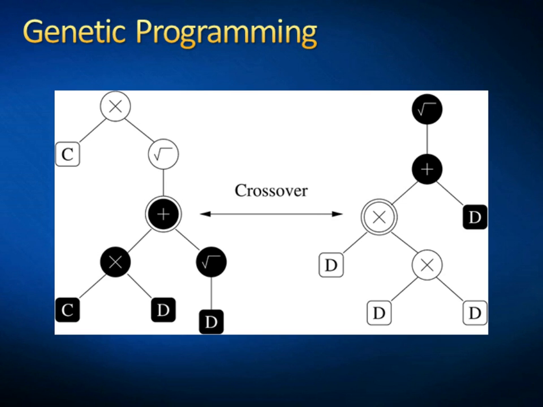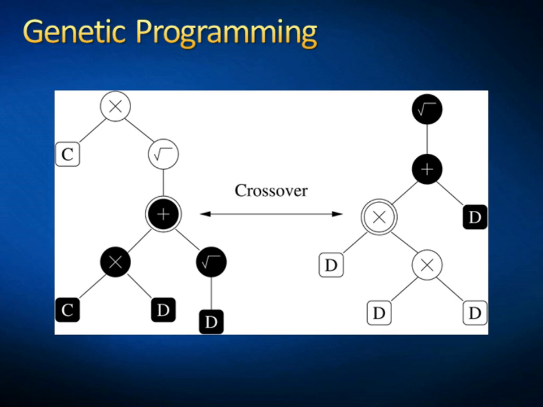And this tree actually represents a formula, which is one of Kepler's laws. It's the equation for the duration of a planet's year as a function of its average distance from the sun, right? It's c times d cubed, where c is the constant and d is the distance, and you see that this tree is actually computing that.